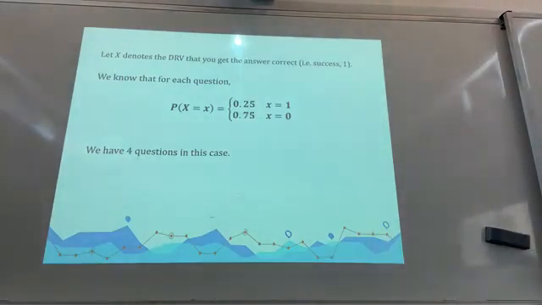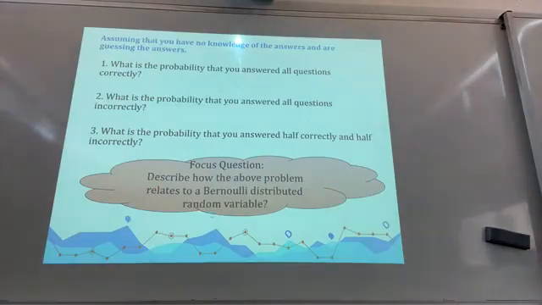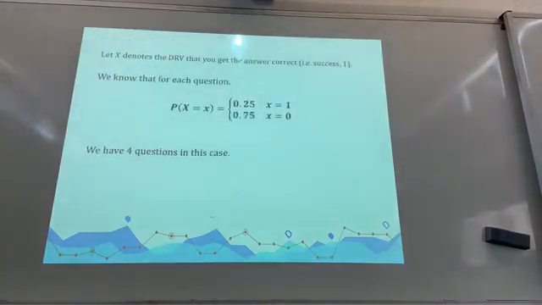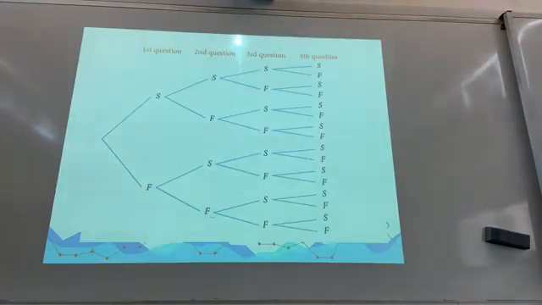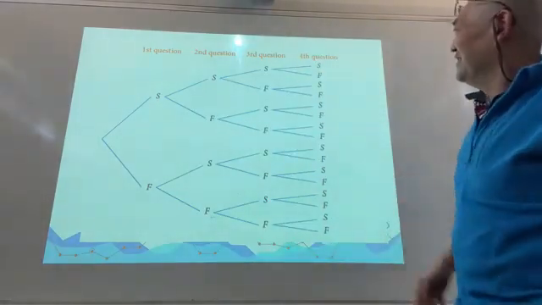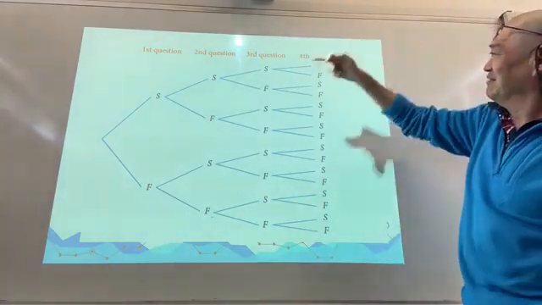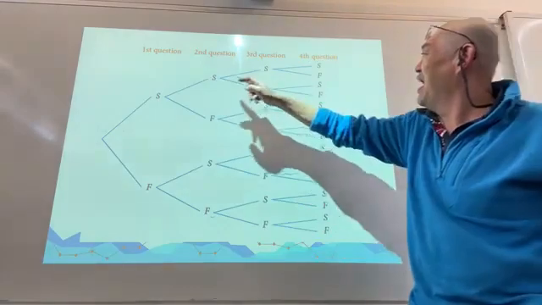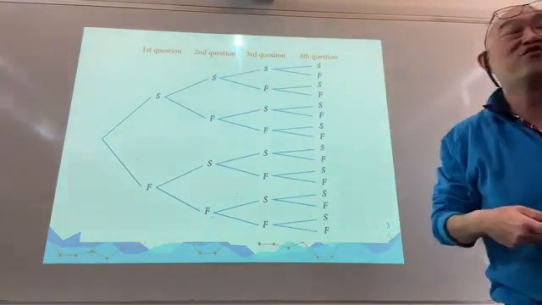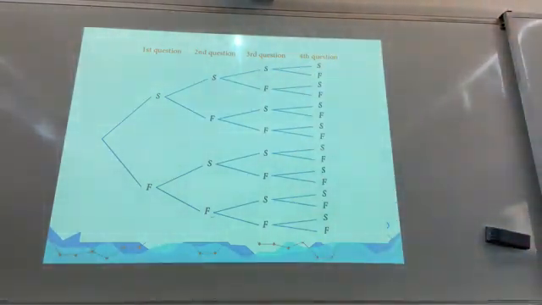So how are you going to use that Bernoulli to work out the probability that you answer all correct, all incorrect, or half correct and half incorrect? You can always use a tree diagram. You can work out 4 correct, then 3 correct and 1 wrong, and so on and so forth. You can do it that way if you want to.